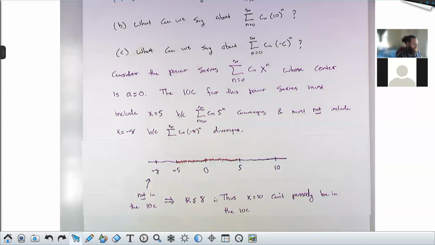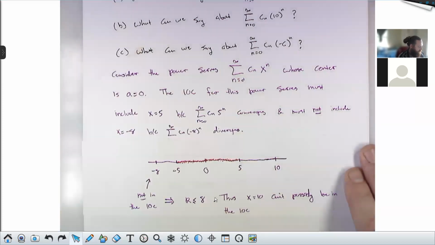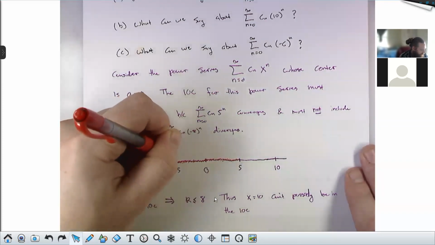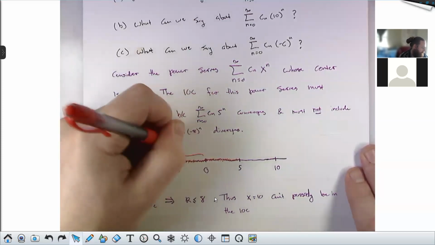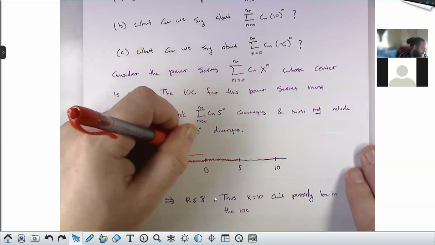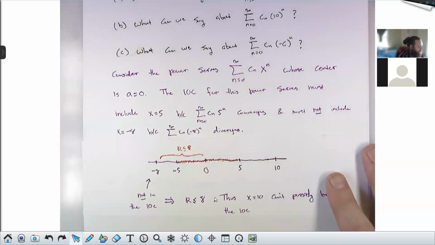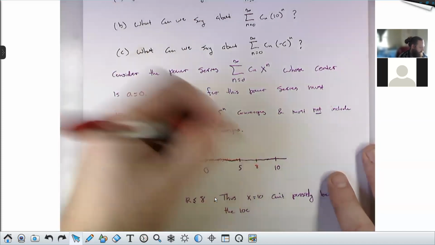Right? So your largest possible radius of convergence here has to stop before you get to -8. So r is less than or equal to 8, which means we can't possibly come out past 8 here.